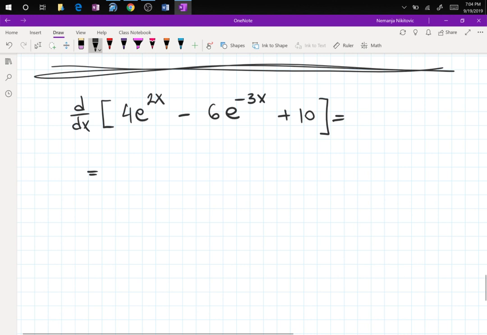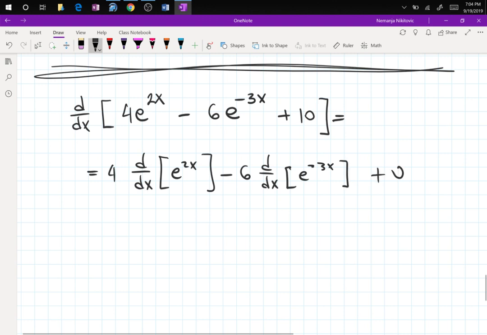Great! We kick 4 out. We focus our derivative on e to the 2x. We kick out negative 6. We focus our derivative on e to the negative 3x. And then I'm just going to say plus 0, because we know the derivative of 10. Right? It's a constant. It's just flat. So no change. So the derivative of 10 is 0.